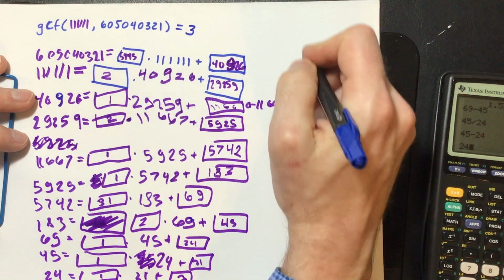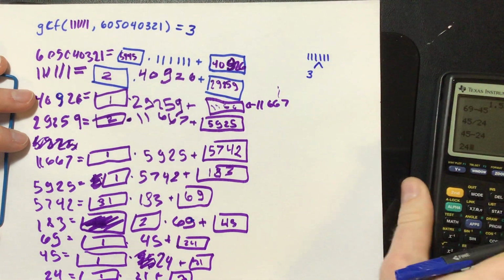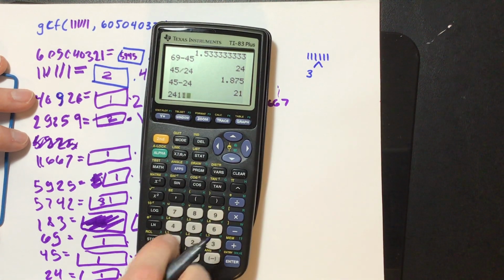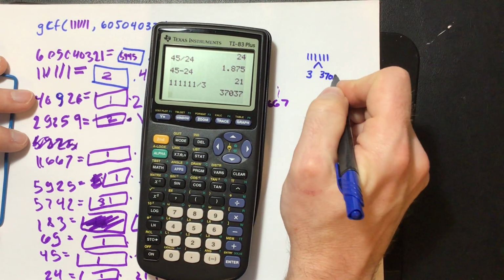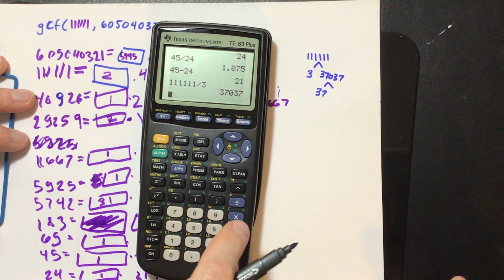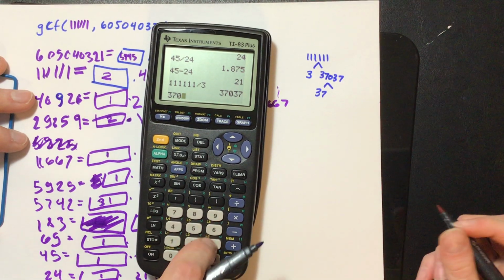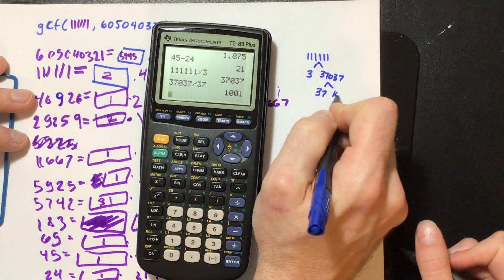But now I know that if we wanted to make a factor tree with this, we could divide it by 3. And we get 37037. This makes me think I can probably divide it by 37. Hey, I was right. And get 1001.